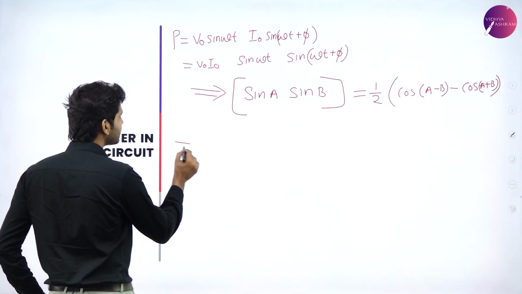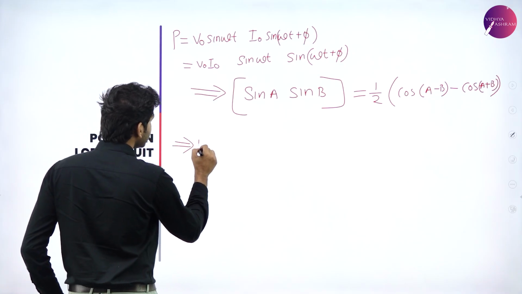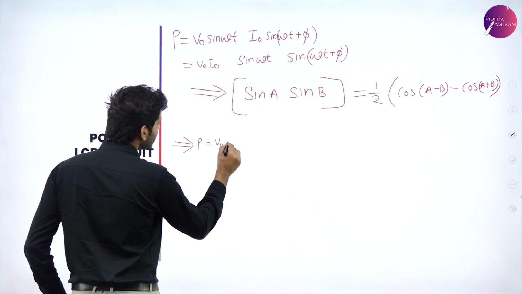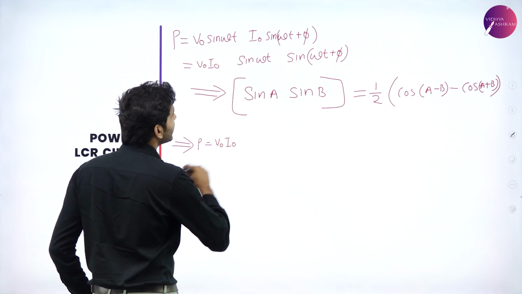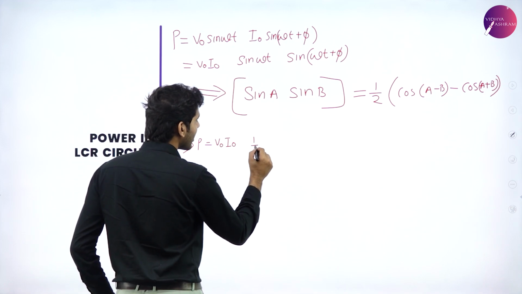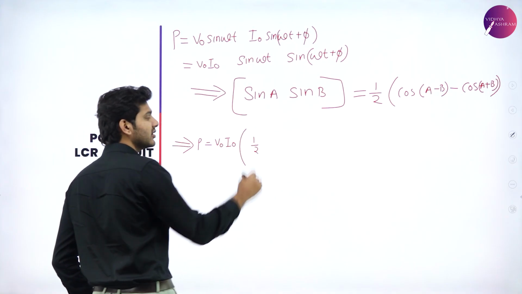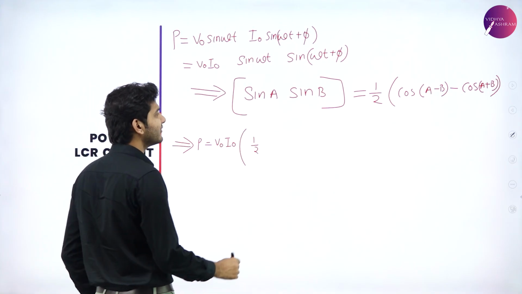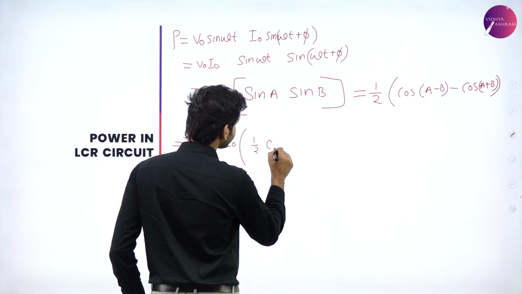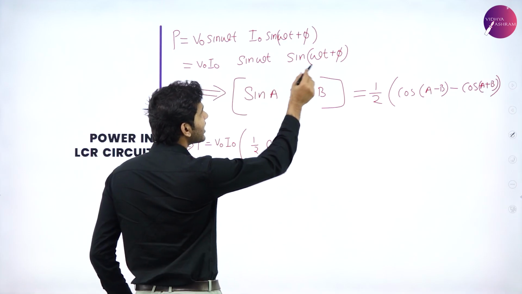So I can rewrite this particular equation as P is equal to V naught I naught into half, so I'm going to put it in a bracket. So half into cos (A minus B).